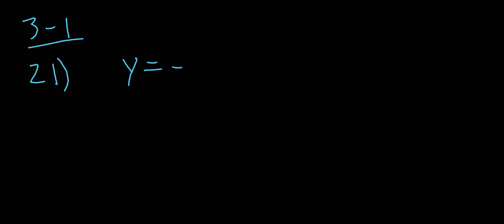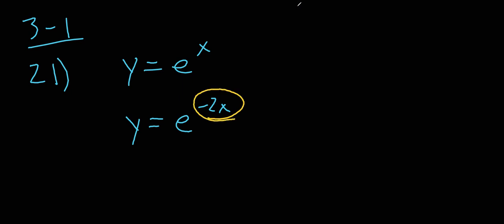So the original function, y equals e to the x. And then the new function, y equals e to the negative 2x. Okay? Can you do something to the exponent to get it into factored form? So right now we have negative 2x over 1, and we want to get it to be a positive 1x.